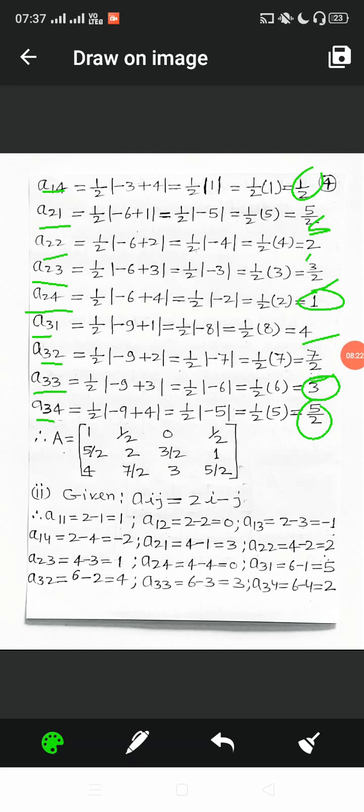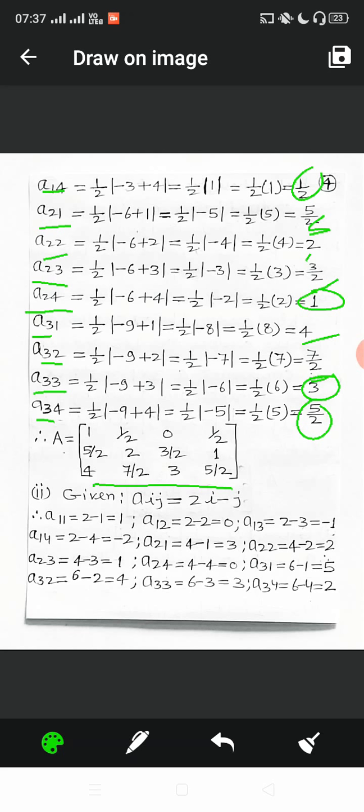So, matrix A has elements 1, 1 by 2, 0, 1 by 2, 5 by 2, 2, 3 by 2, 1, 4, 7 by 2, 3, 5 by 2.